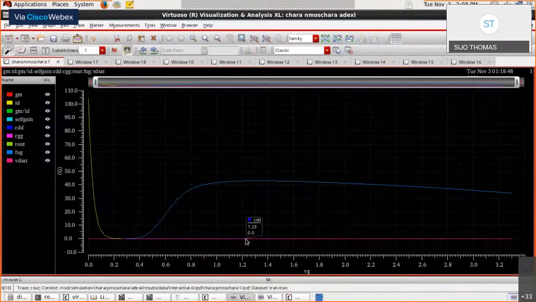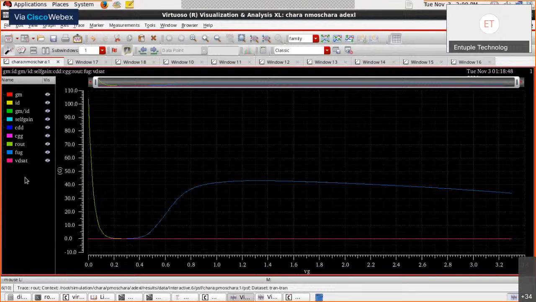So as you can see, we have GM, ID on the left side of the graph. You can see it is listed which DC operating point parameters it is plotting. So it is GM, ID, GM over ID, and you have the intrinsic gain of the MOSFET, and you have CDD, CGG.